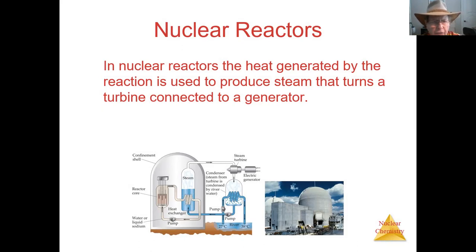So I'm creating super hot water that goes through and creates steam. That steam reacts with the turbine, generating electricity. And then that steam, after it hits the turbine, condenses back to water and it's pumped back.